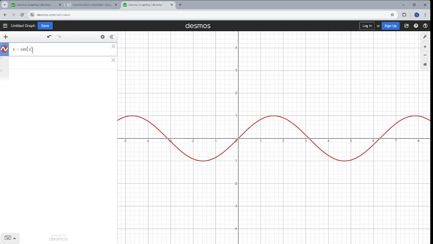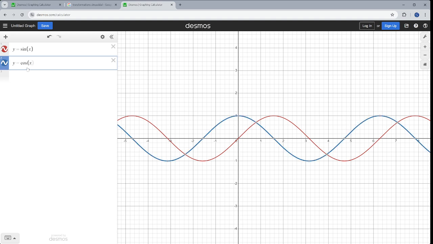This one's going to be really important because y is equal to sine x and y is equal to cosine of x, these graphs are very similar, but there's only one difference. There's a phase shift, a horizontal phase shift from left to right. So we know if we move it, we're going to get back to our original graph of y equals cosine. Or we can make either or, right? So let's start and make y equals sine, which is our red graph.